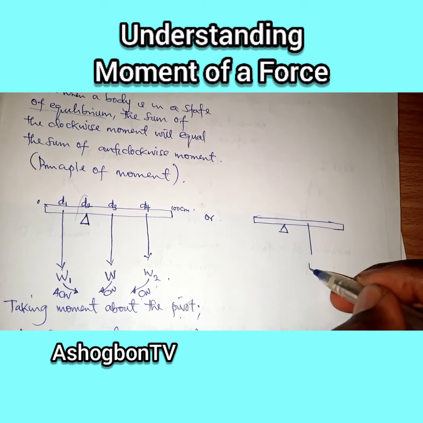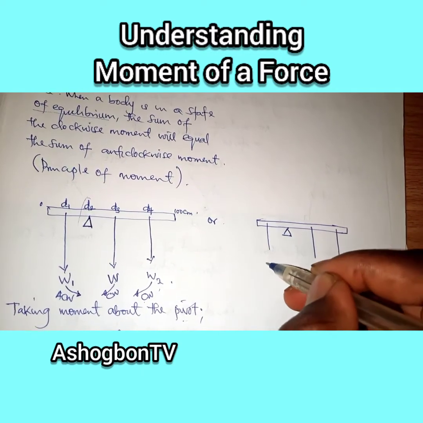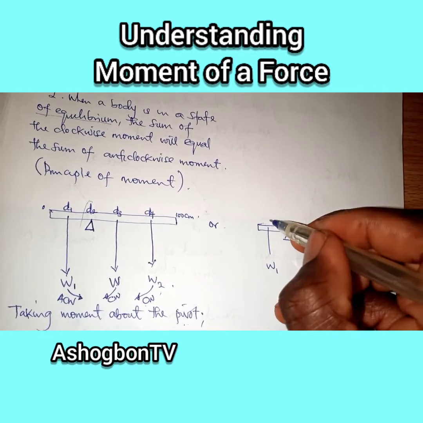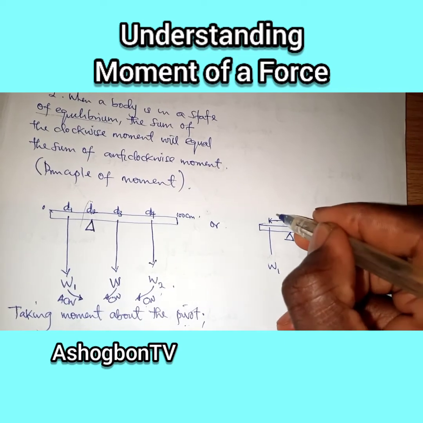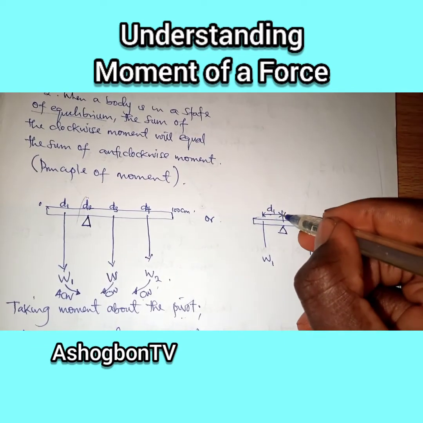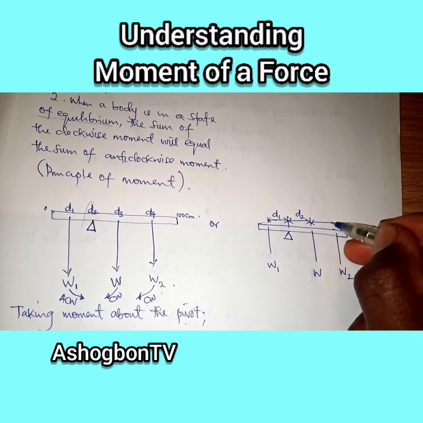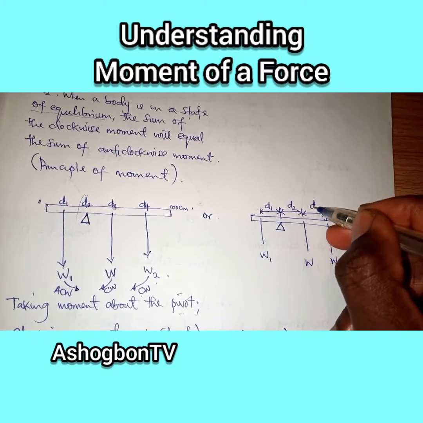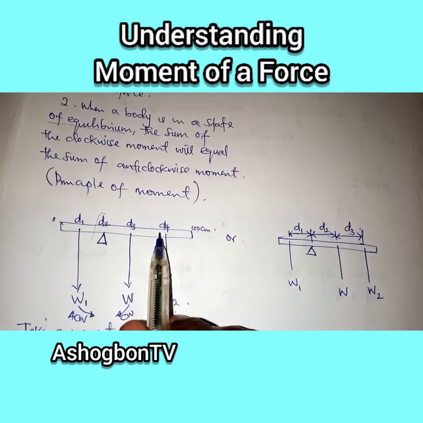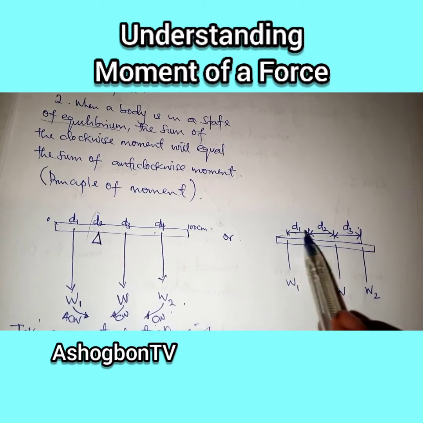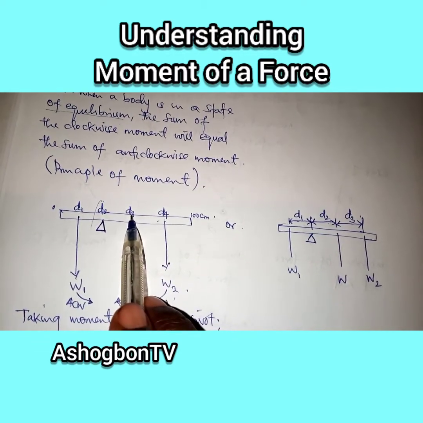Let's say here we have our W, here we have our W2, here we have our W1, and here you are given distances. Let's say here you're given D1, here you are given D2, and here you are given D3. So in this case, this is different from this, because here you are given the distance from the pivot, but here you are only given their position.